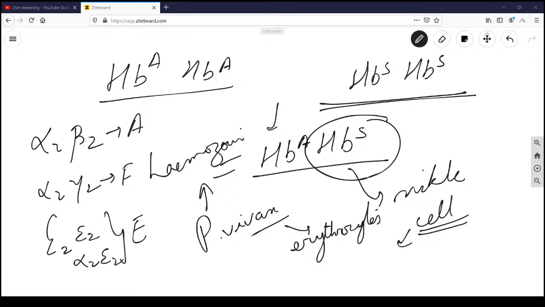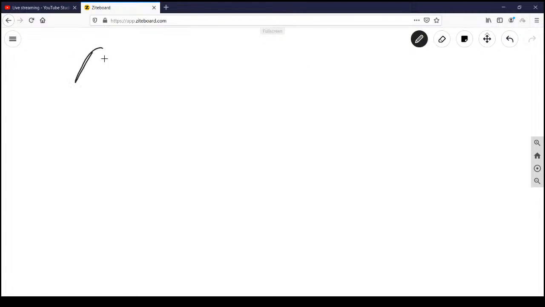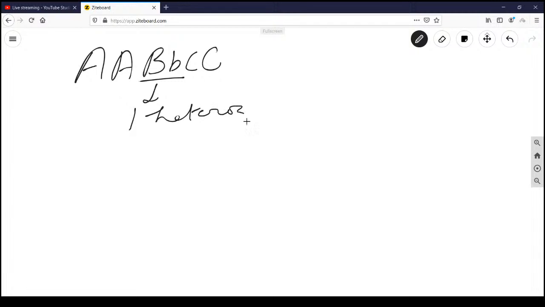So the thing is, the way to solve this is, don't go by the answer and try to memorize it. There is a special technique to solve this question. You can see this, the plant having genotype capital A, capital B small b, capital C, has how many heterozygous alleles? Only one heterozygous allele.